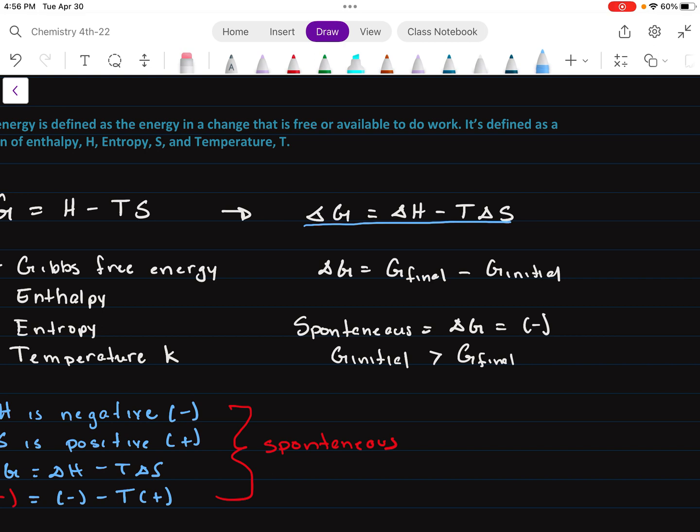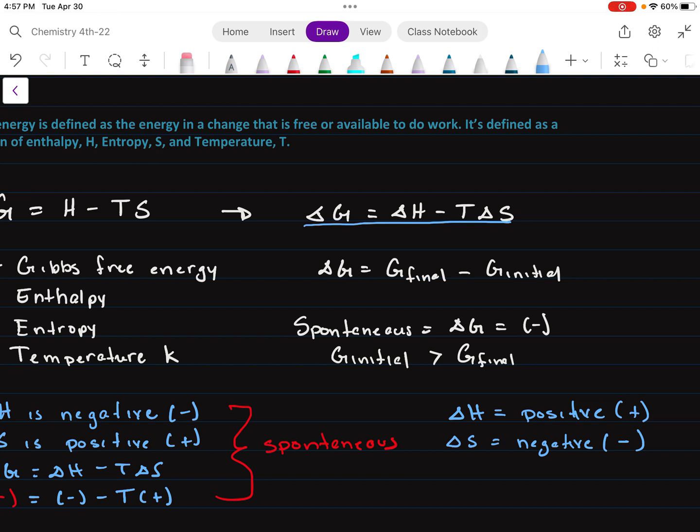Let's say I have delta H is positive, meaning that it is absorbing energy from the system, right? Delta S in this case is negative, because if it is absorbing energy from the system, it is decreasing the disorder, right? So that's going to be negative.